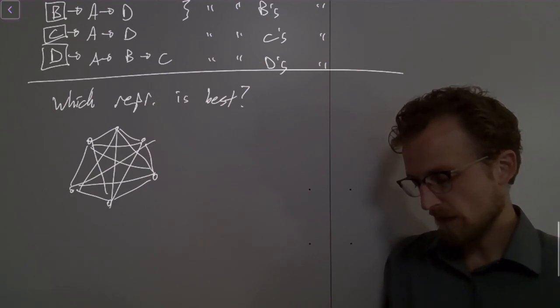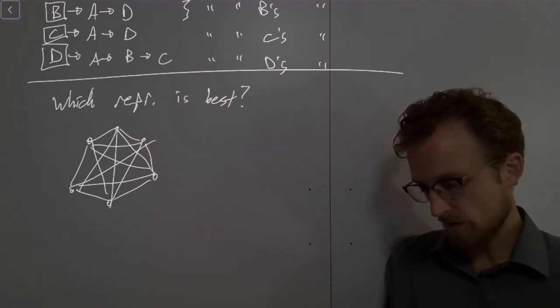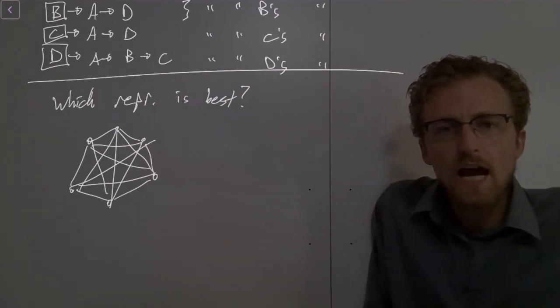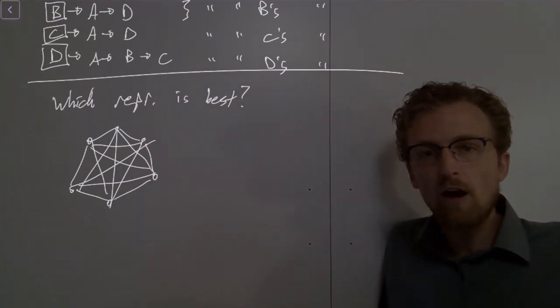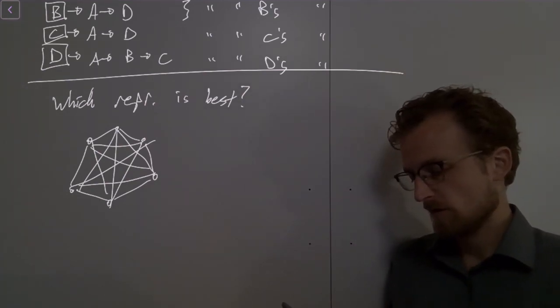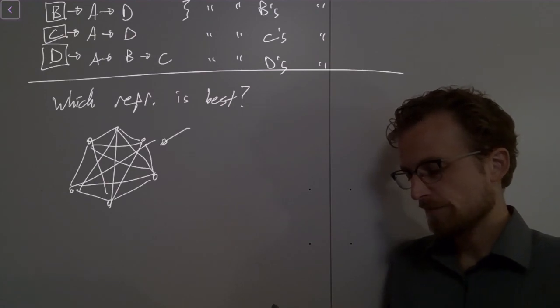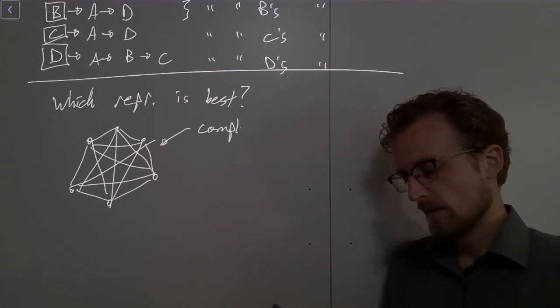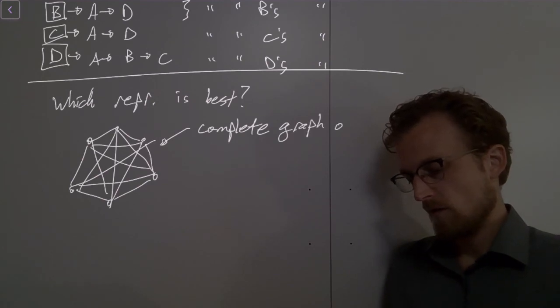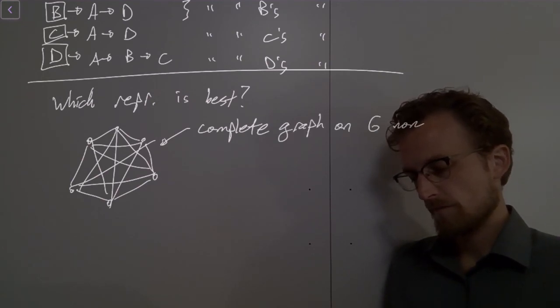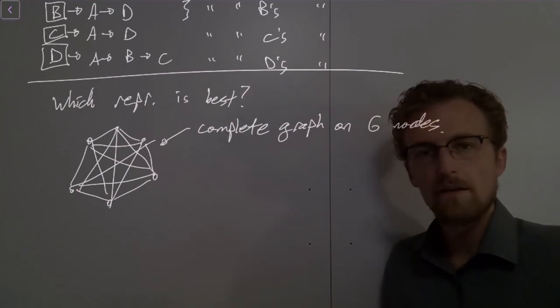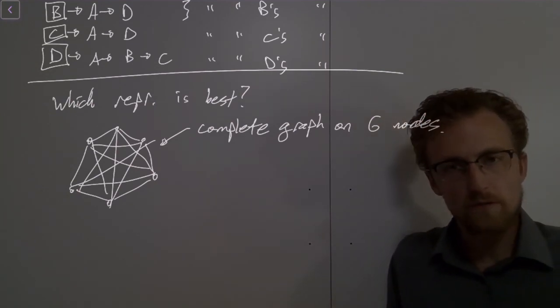I believe I'm missing several here, and I don't know which ones, but suppose I had what is called a complete graph on 6 nodes. How would I write an adjacency matrix for this?